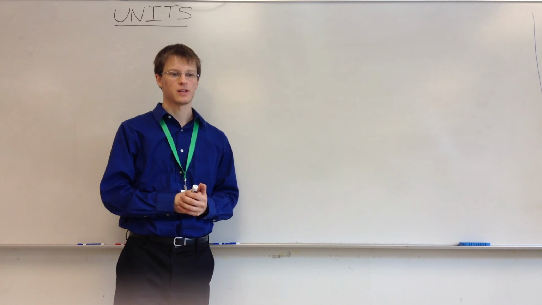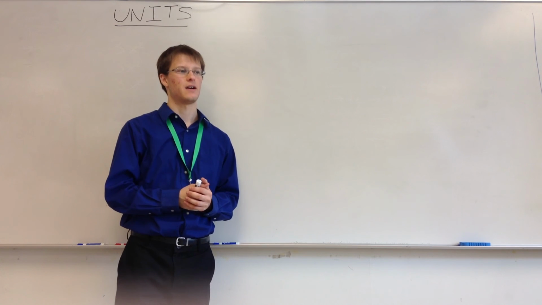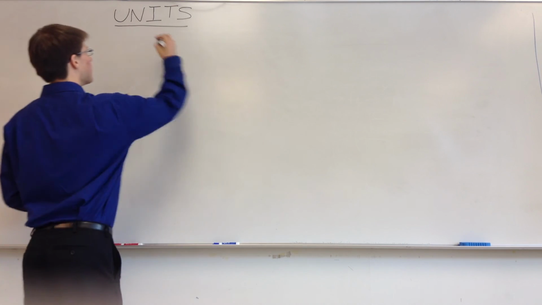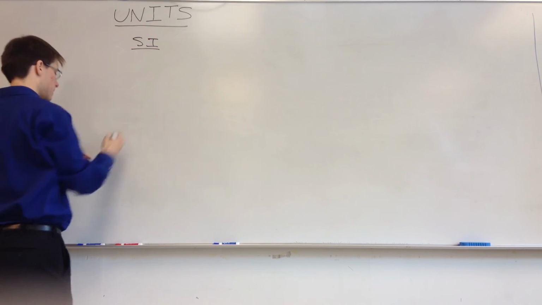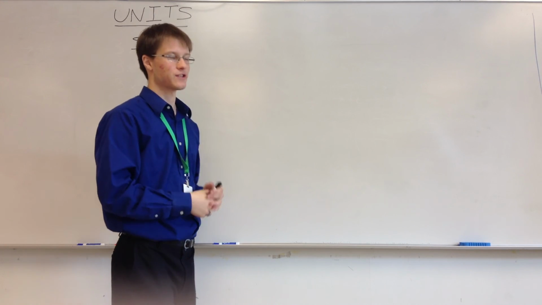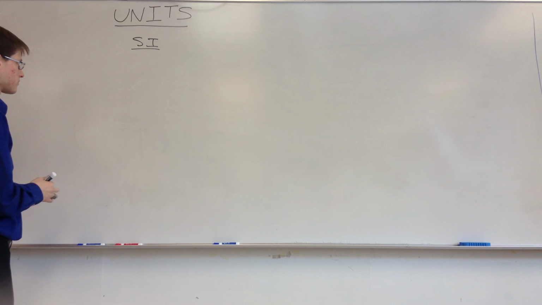Here in America, we don't tend to use them except in science, but the rest of the world does use them. That system is called the SI system of units. It stands for System International. I may be pronouncing that incorrectly. It's French. But it's the international standard system of units.